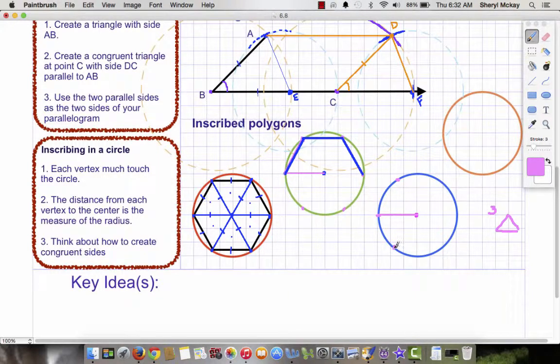And what if we connected those 2 points, instead of using the distance between each point? We connected the two exterior points on either side of this point. So what if we connected those? What if we did this?